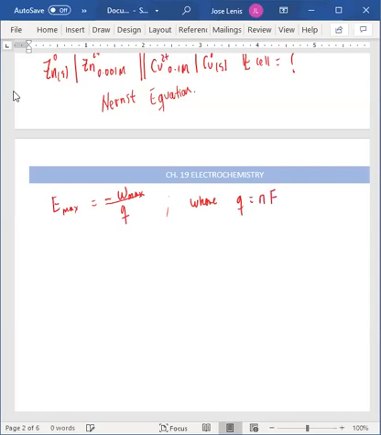What is F? F is Faraday's constant. Faraday, also a genius who was working with these cells, found a constant. It's the number of electrons transferred, which is N, times Faraday's constant.